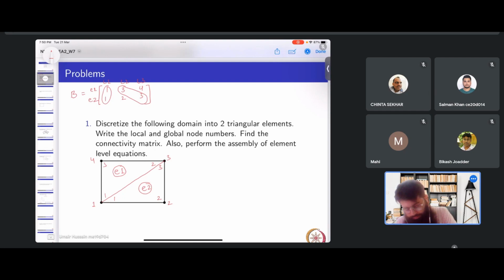For element 1, I'll write k11, k12, k13, k21, k22, k23, k31, k32, k33, times U1, U2, and equal to F1, F2, F3.